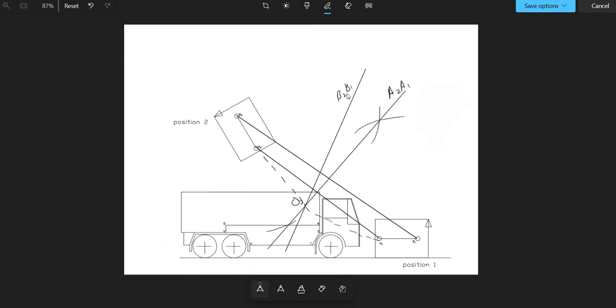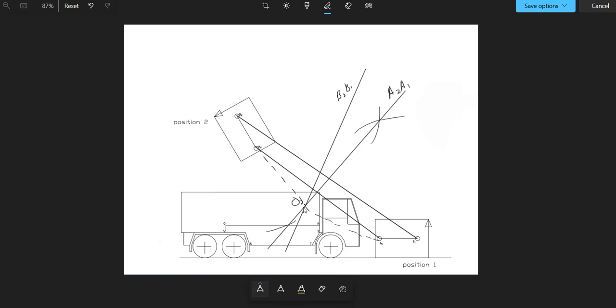This line B1, B2. So the question says we should redesign the link O2 A1 so that it does not block the door, so it does not obstruct the movement of the door. So this is the link we are going to redesign.